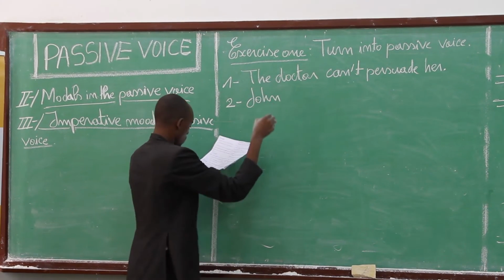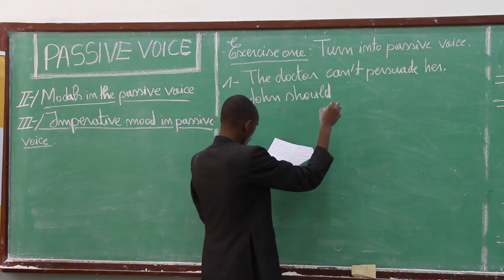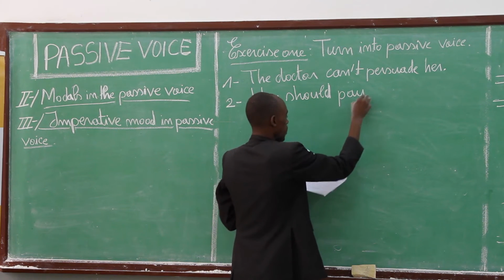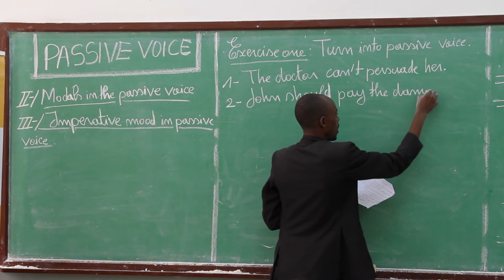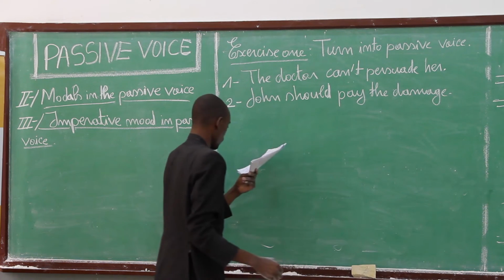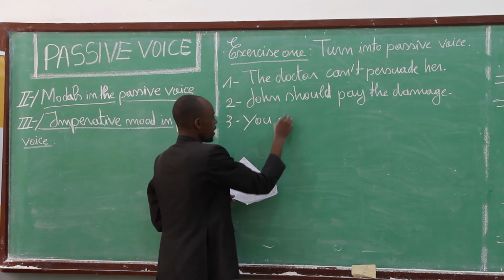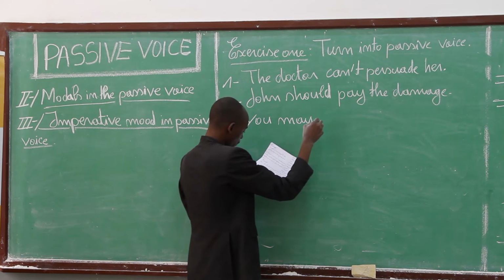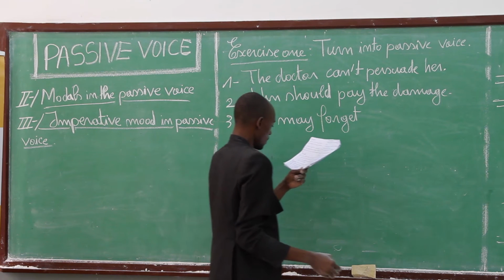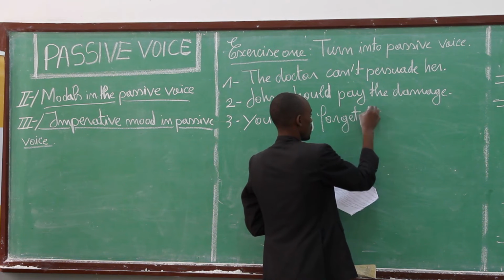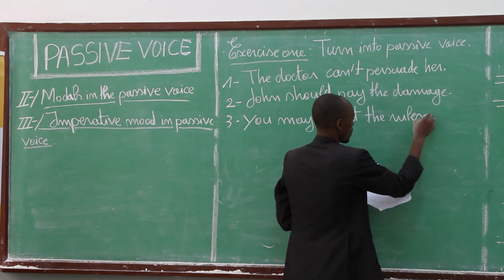John should pay the damage. 3. You may forget the rule quickly.